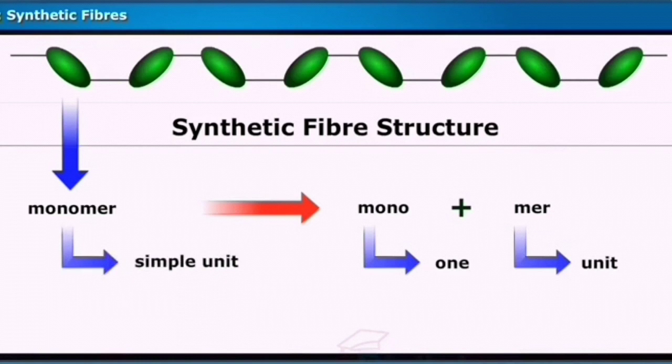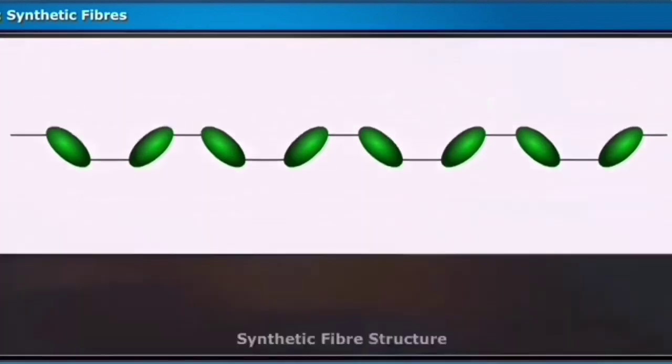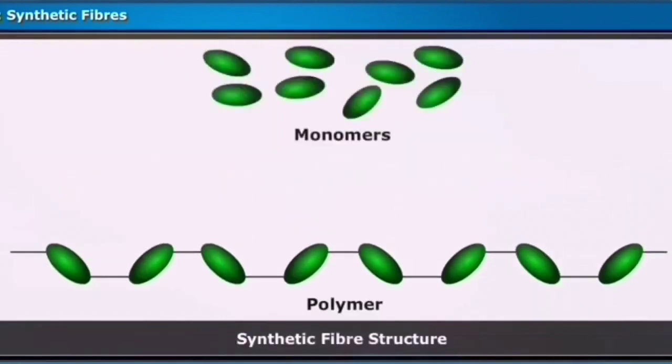Many such identical simple units called monomers combine to form a large unit called polymer. This process is called polymerization. The word polymer comes from two Greek words poly and mer, which means many and unit respectively. So a polymer is made of many repeating units.